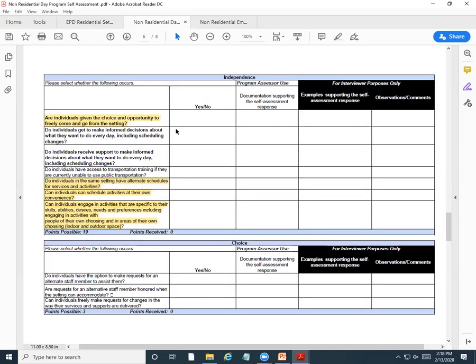And under independence, these are specific to the day program. Are individuals given the choice and opportunity to freely come and go from the setting? Similar to the residential, I know this can pose some issues with billing and other issues that we've heard.